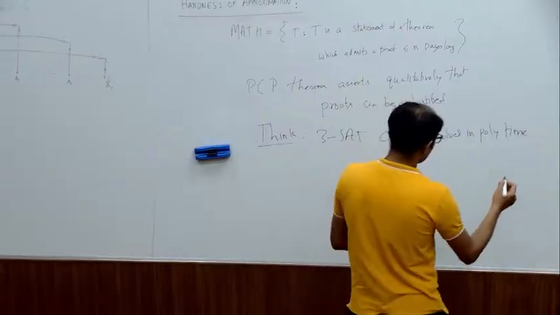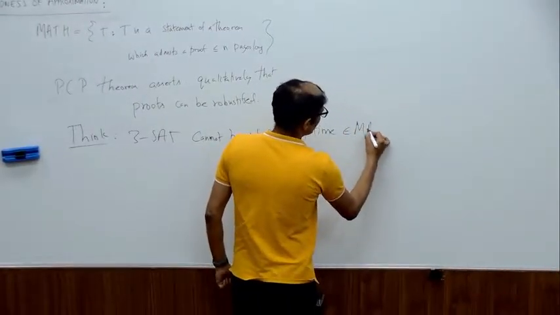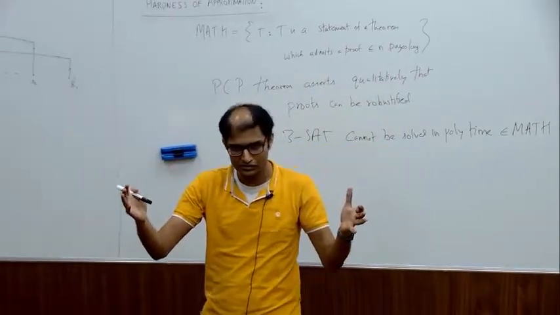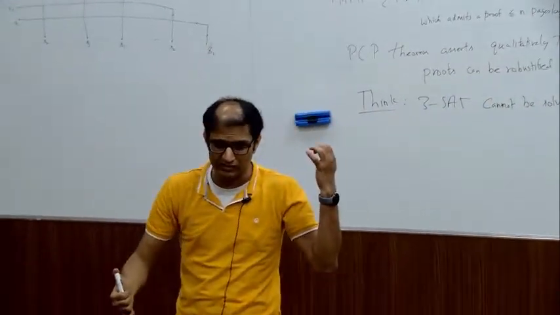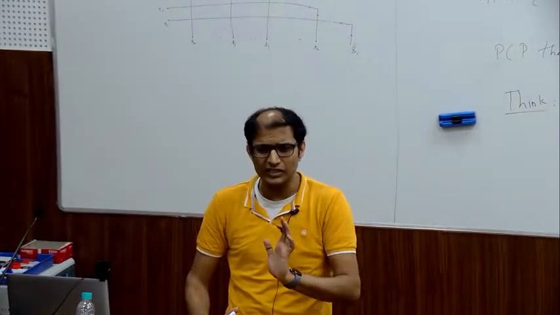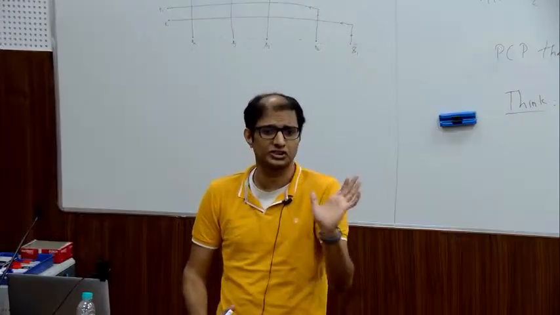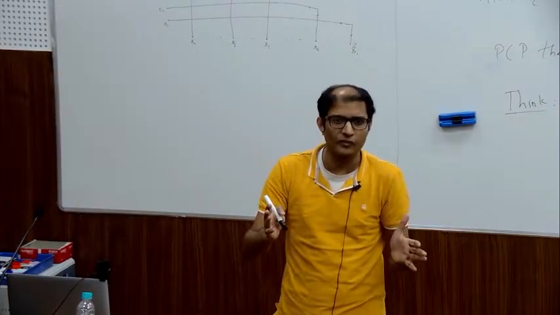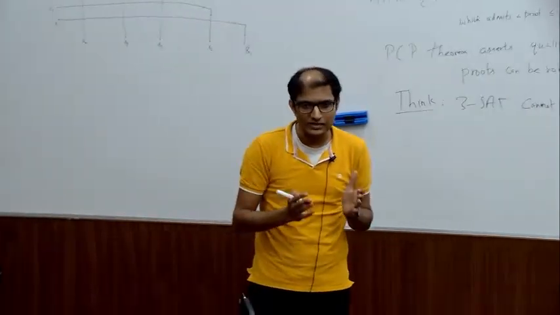It belongs to the class MATH. But I know that proofs of MATH can be robustified, that the proof of any theorem in the class MATH can be robustified. That's the content of this mysterious PCP theorem that I have not yet flashed. Okay? But once you understand the proof of the PCP theorem, the consequences are far-reaching.